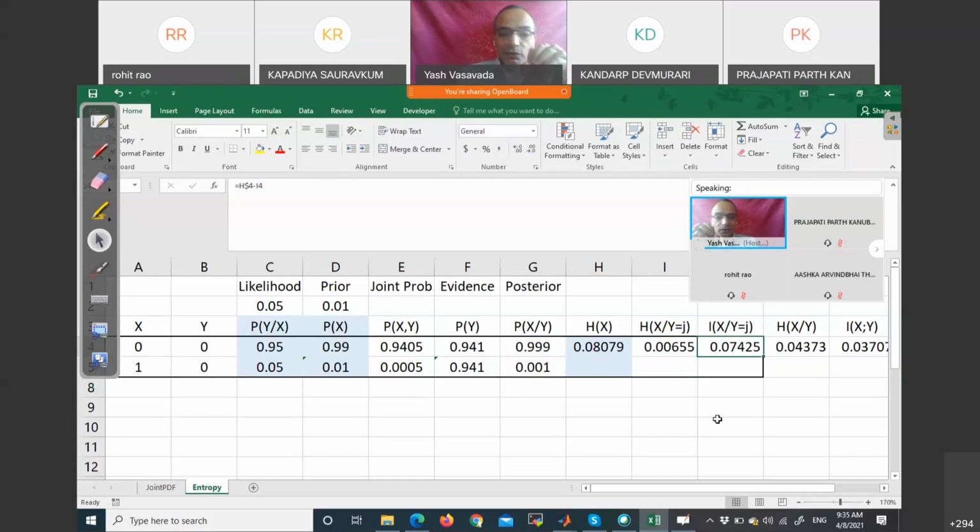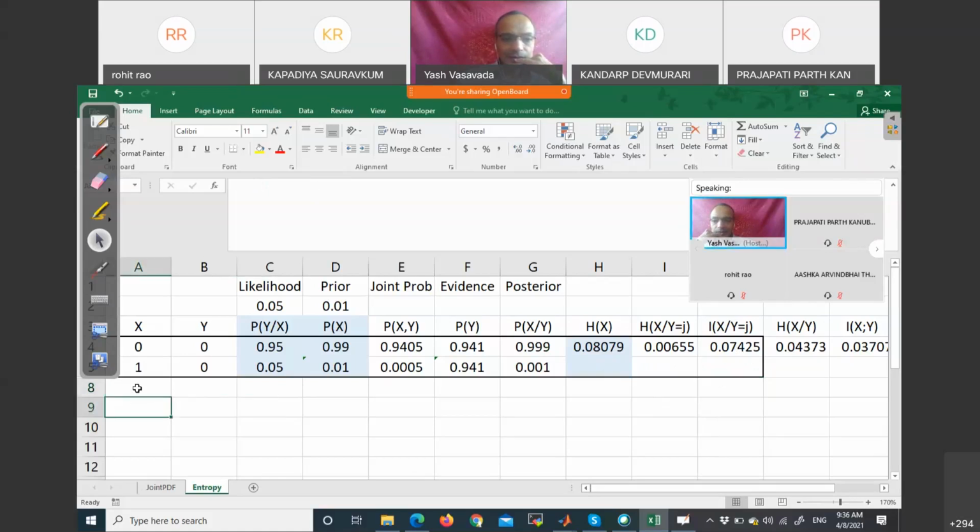From 0.08, it became 0.006. And so the amount of information transfer is the difference between the two, and it turns out to be 0.074.